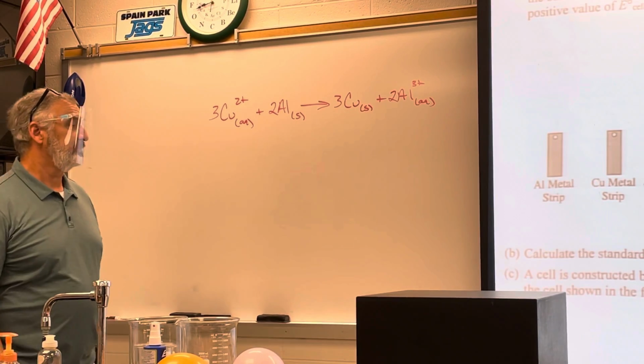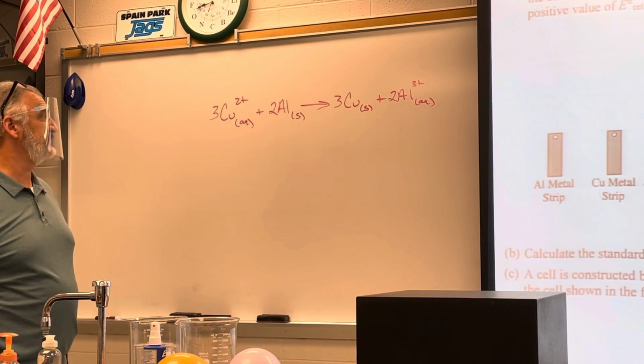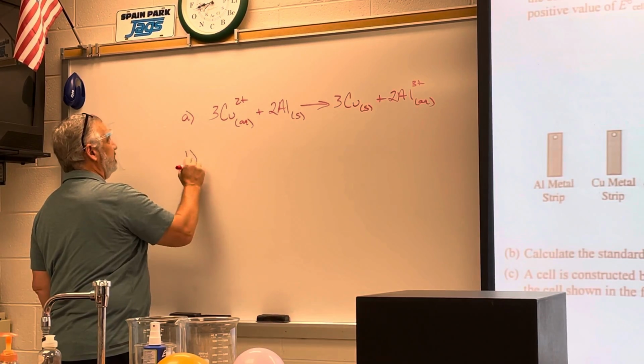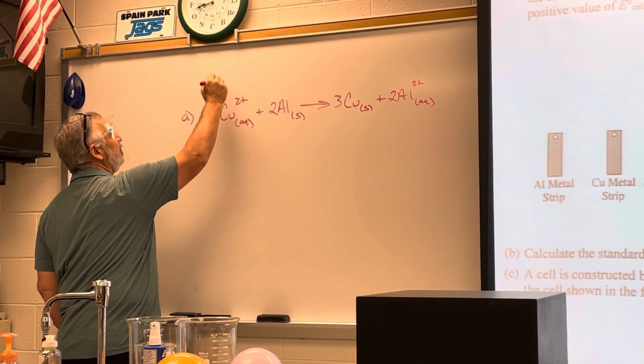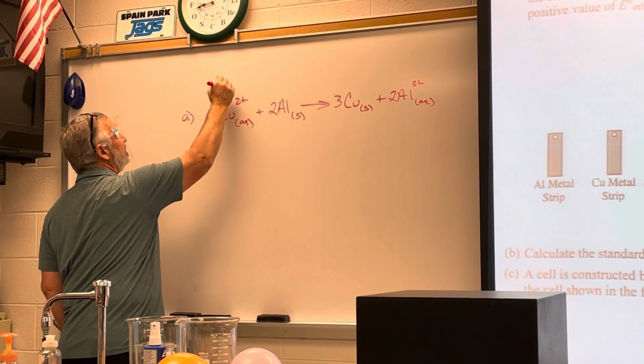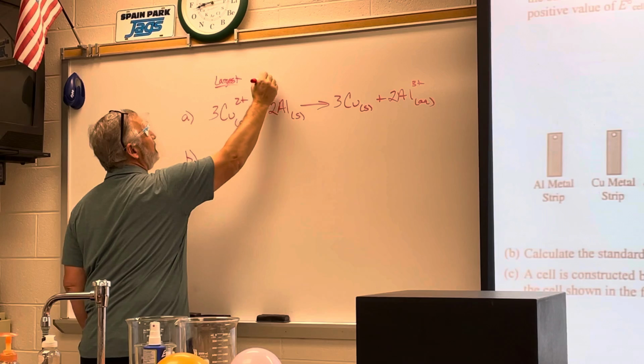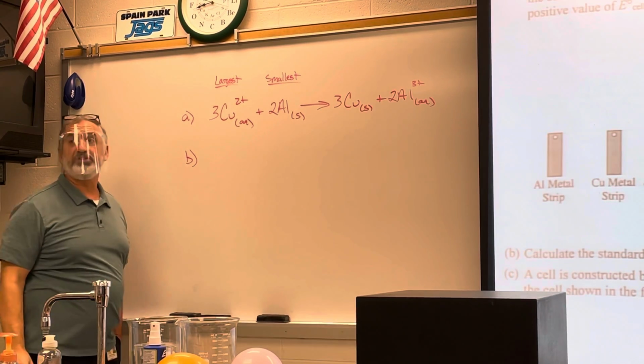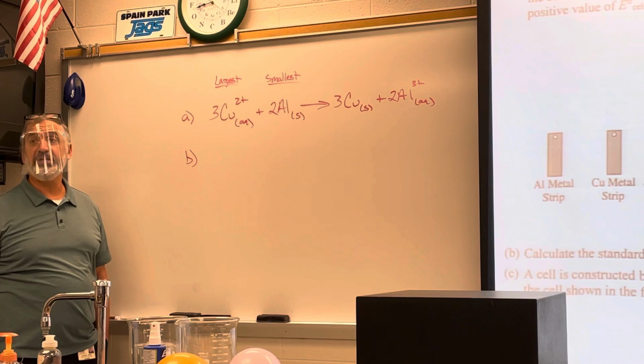All right. Now calculate the standard cell potential. That's just going to be E. This is A. Again we know that this was the largest and this was the smallest in terms of reduction potentials. We just looked that up on the table.